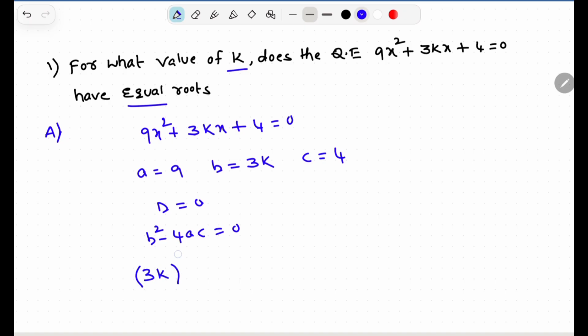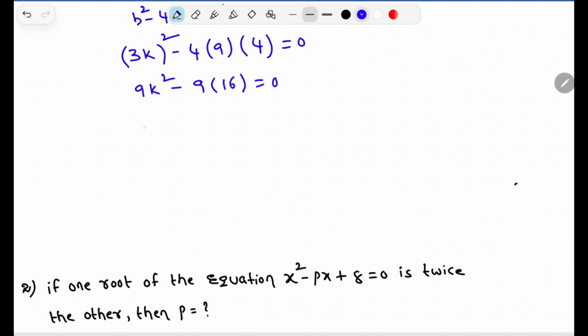So 3k whole square minus 4 into a value 9 and c value 4 equals 0. 9k square minus 9 into 16 equals 0, therefore 9k square equals 9 into 16.